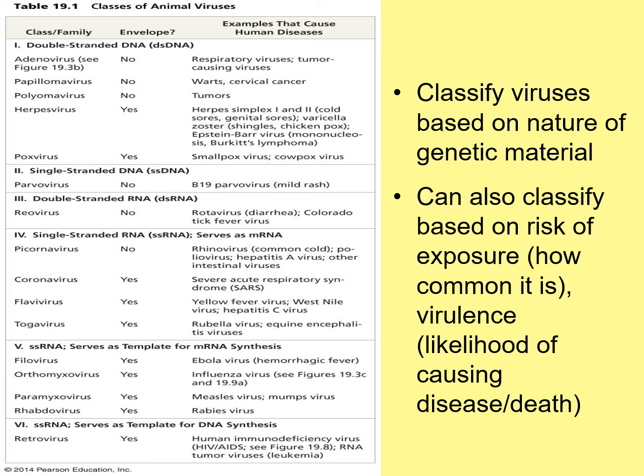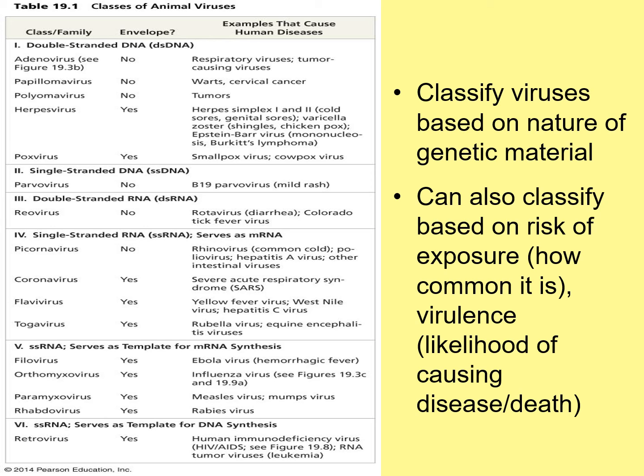In double-stranded DNA, the top category here, we have several viruses that are fairly deadly. There's pox virus, smallpox, cowpox. These are fairly deadly viruses. Smallpox has actually been eliminated. Then you have others that cause chronic infection because they're proviruses.